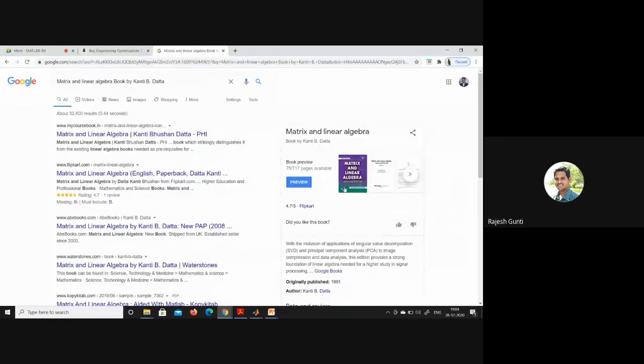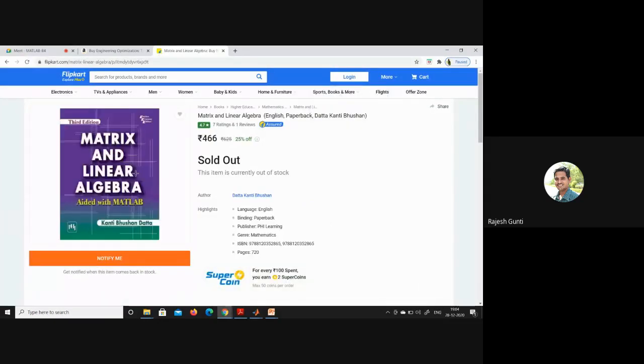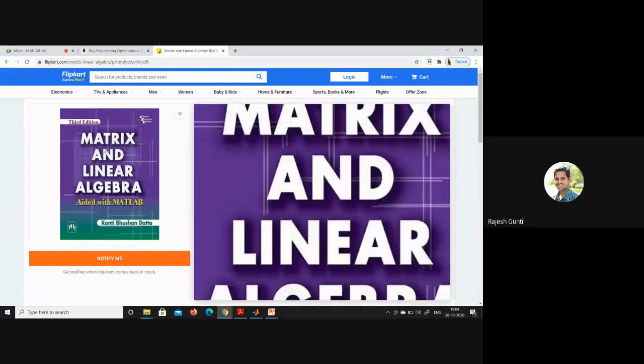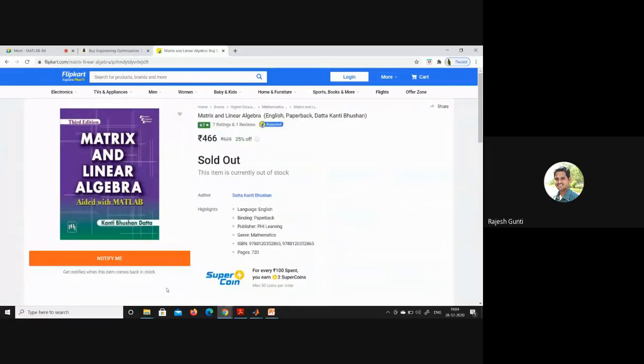This one also I have. KB Datta is a professor of electrical engineering from IIT Kharagpur or Kanpur, I don't know exactly. If you open this book, everything is written in a wonderful manner.